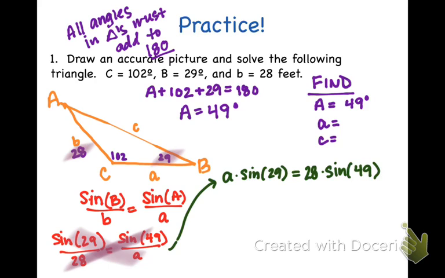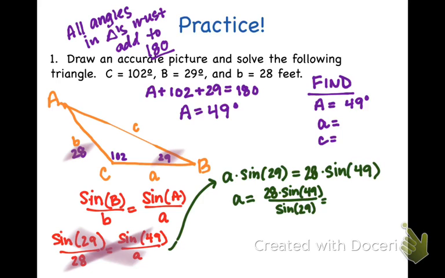And I want to solve for A, so I have one last step to do. To get A alone, it's currently A times something, so to undo multiplication, we use division. So A is equal to 28 times sine 49 divided by sine 29.